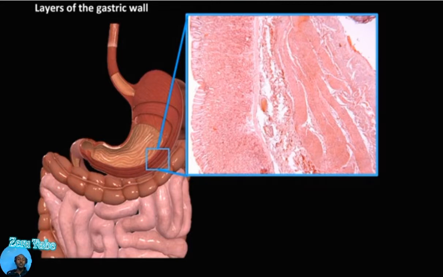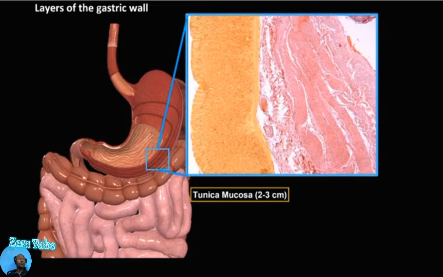The first layer of the stomach is the mucosa layer. The mucosa layer is called the tunica mucosa, and the thickness of the tunica mucosa is around 2 up to 3 cm, so it is very thick. The mucosa layer in the stomach is thick in order to resist the gastric acid and some chemicals which affect the stomach.